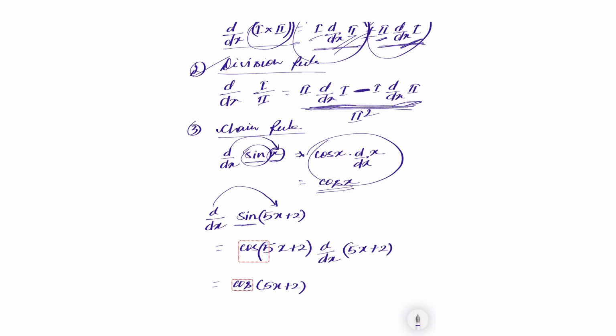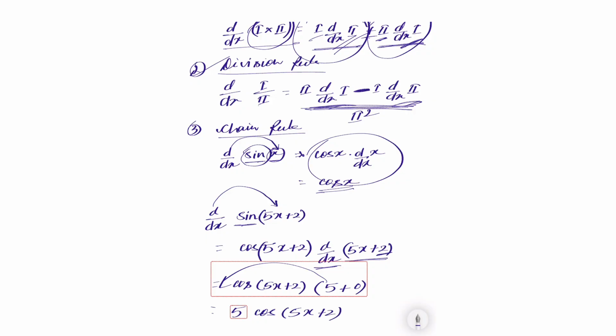Look at this, d/dx of 5x plus 2 will give you 5, plus 2 is a constant, already learned, d/dx of constant is 0. The answer will be, this 5 will come at this place, 5 cos(5x plus 2). This is the answer using the chain rule.